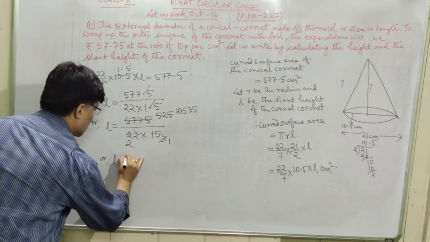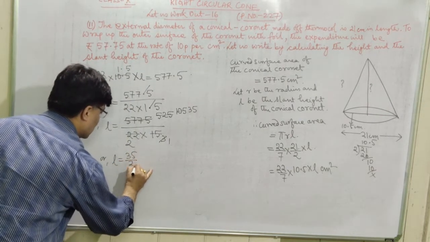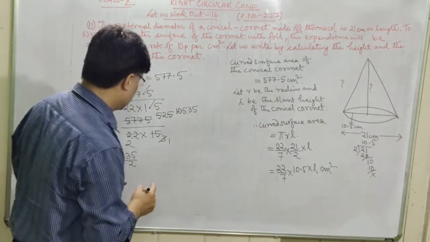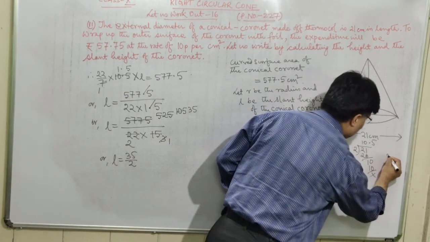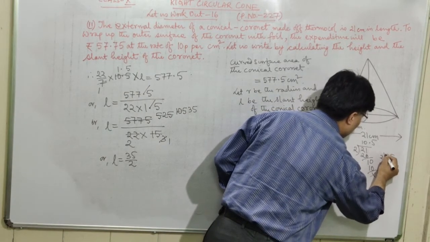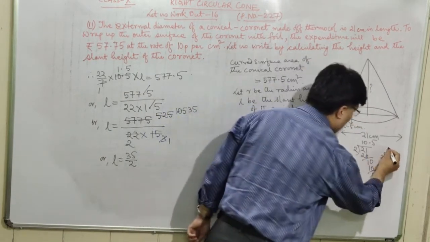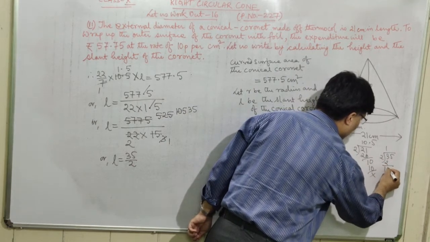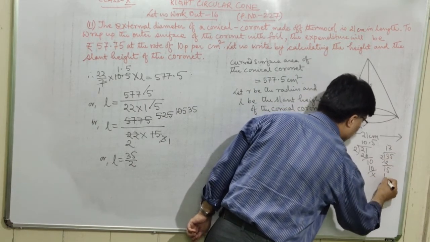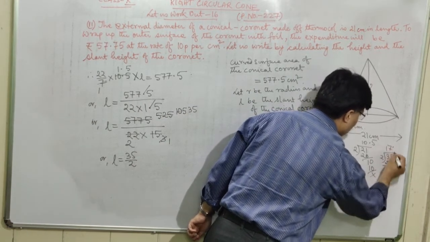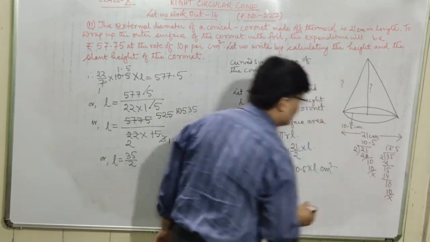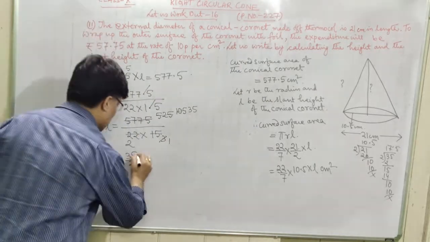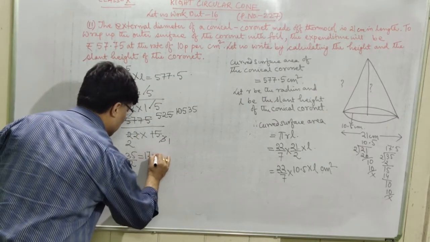Or L is equal to 35 by 2. Now you can divide 35 by 2. 2 ones are 2, 1, 15, 2 sevens are 14, 1.5, 0, 2 fives are 10. That is 17.5. So L here is 17.5.